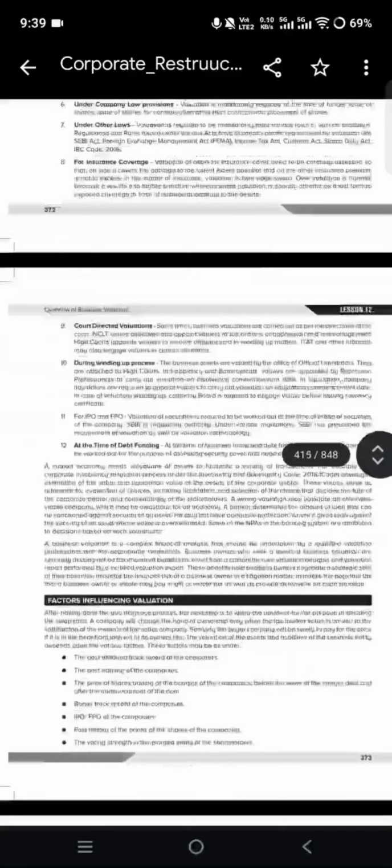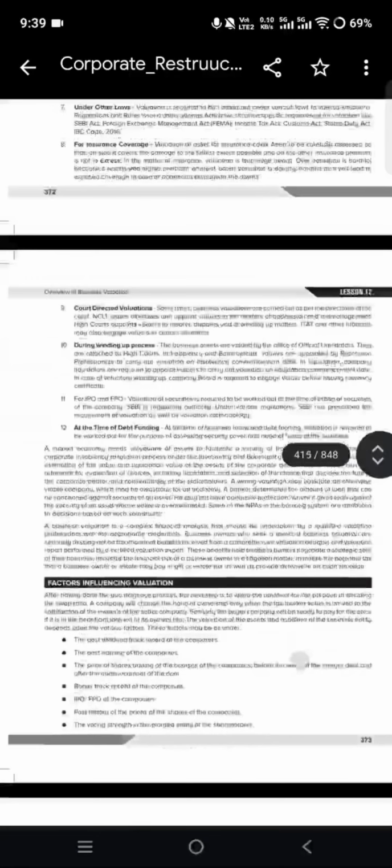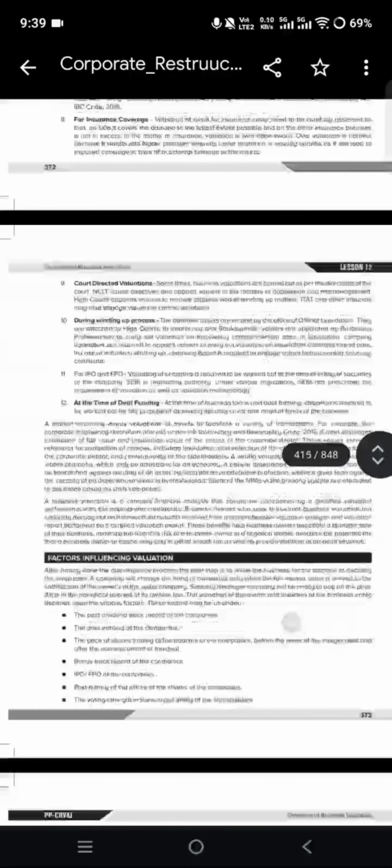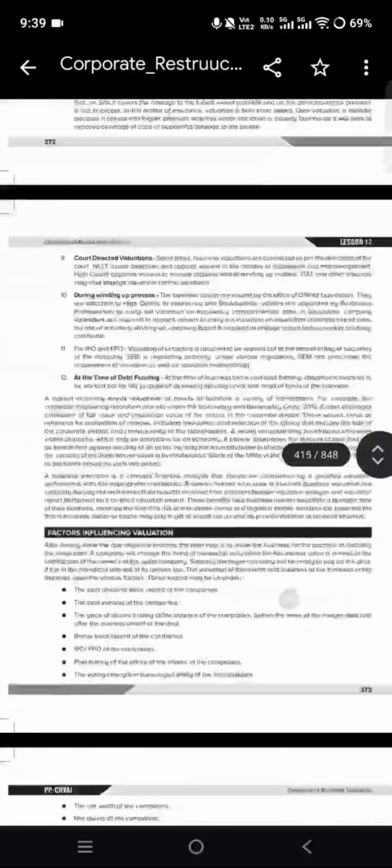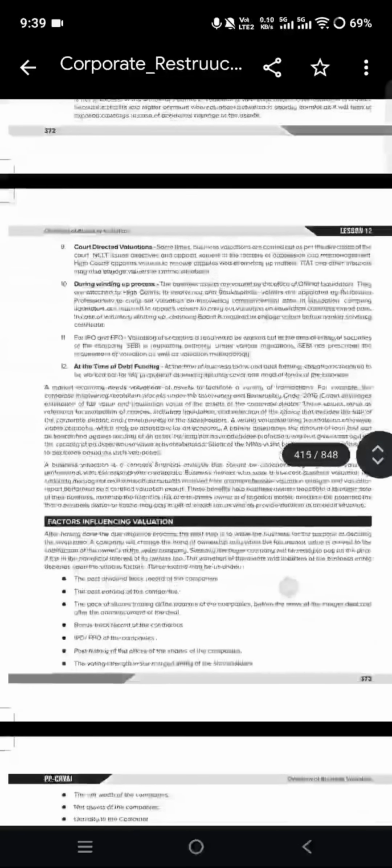Section 247 of the Companies Act mandates that the valuer, that is the registered valuer, shall make an impartial, true and fair valuation of any assets. Second, exercise due diligence while performing the functions as a valuer. Third, make the valuation in accordance with the valuation rules.